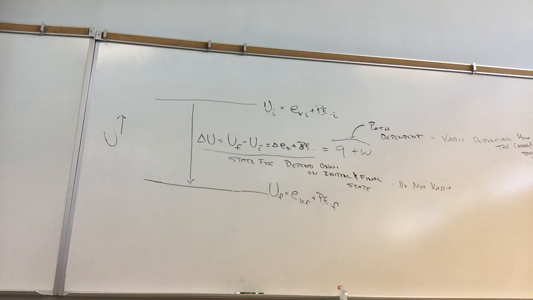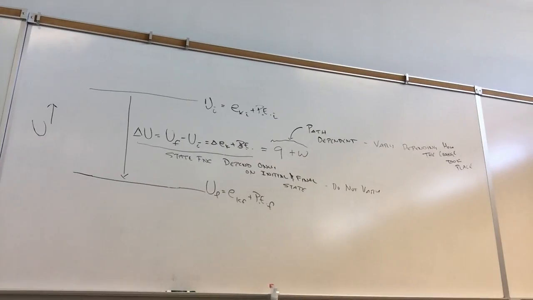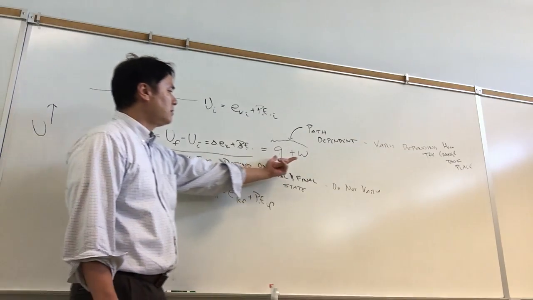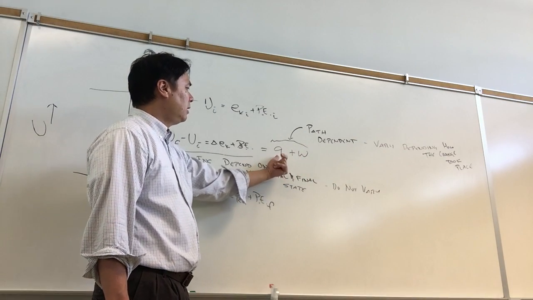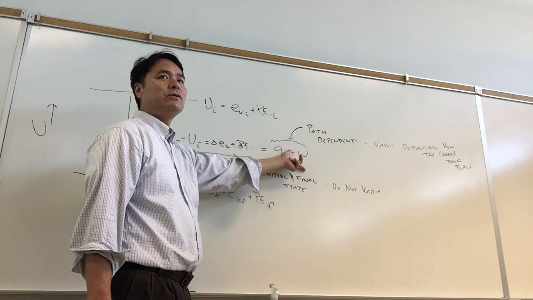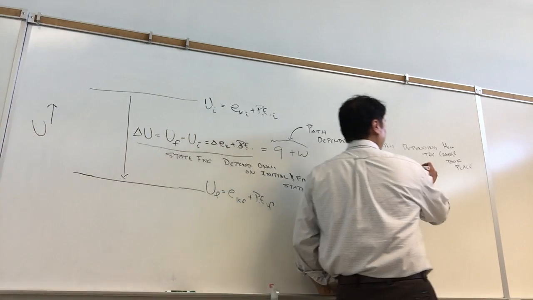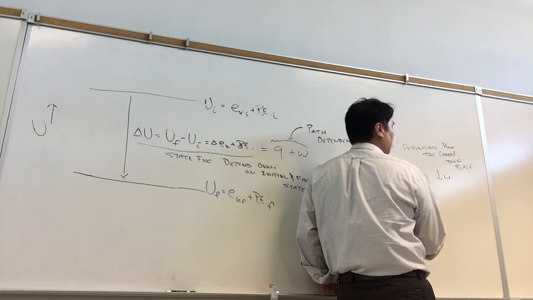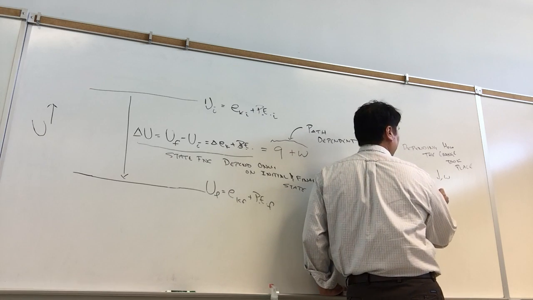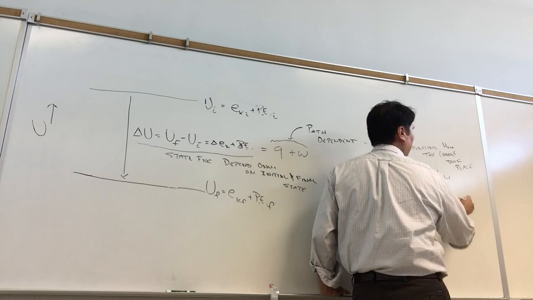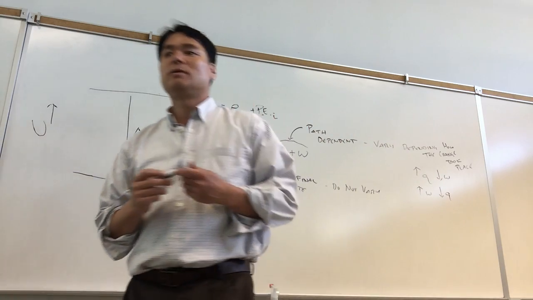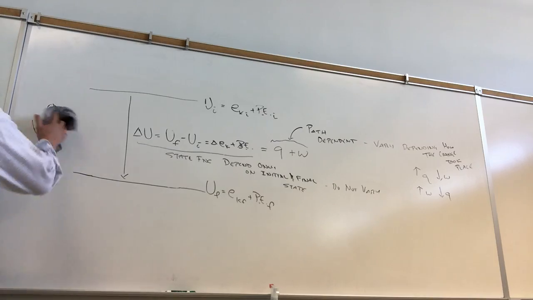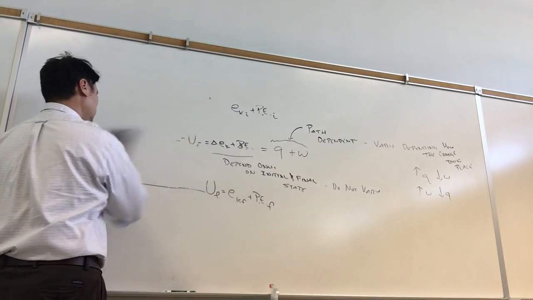What that means is we're always going to get the same amount of energy, and that same amount of energy is going to be the sum total of Q plus W. But how big Q is and how big W is depends. For example, if Q is bigger, then W has to be smaller. Or if W grows bigger, then the heat is smaller. And so we could look at an analogy here with a slide.